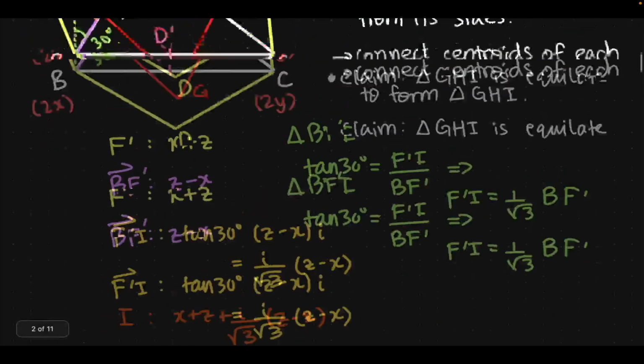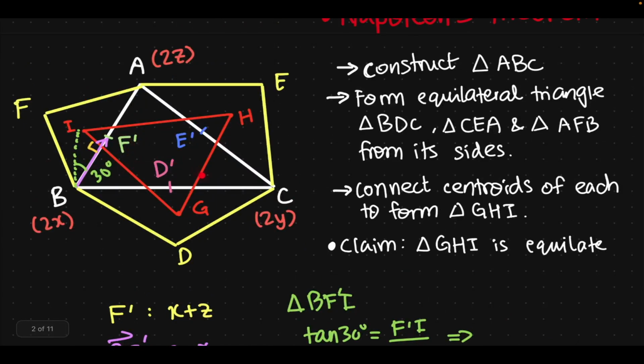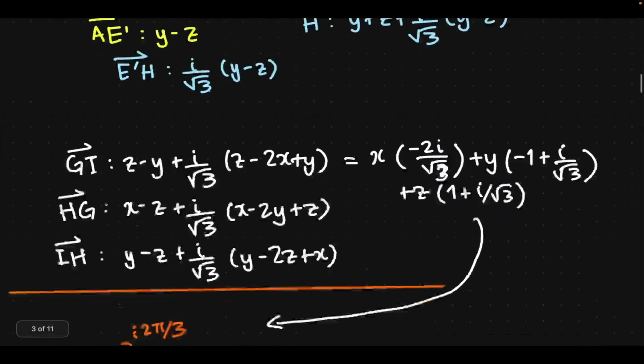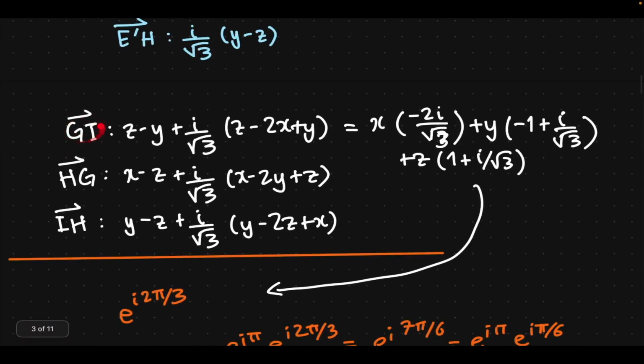orientation of the rotation. We're going in either a clockwise 2 pi over 3 rotation or anti-clockwise, but we're not mixing them, because we defined the vectors. We could have chosen this as vector ig, but we chose gi, and then therefore hg and ih to complete a cyclic orientation, so we don't have to change the kind of rotation that we're doing.